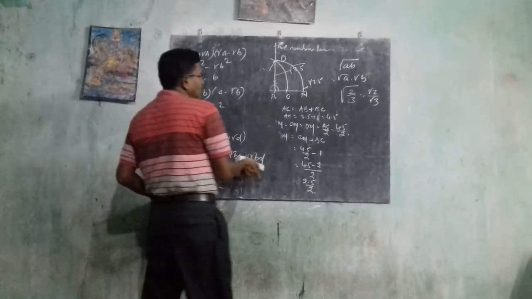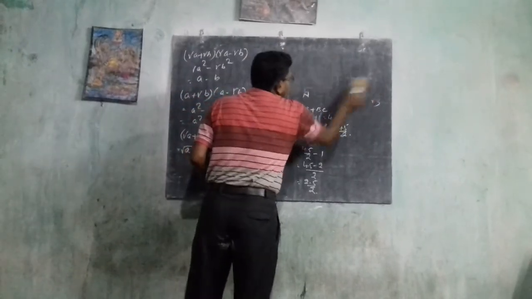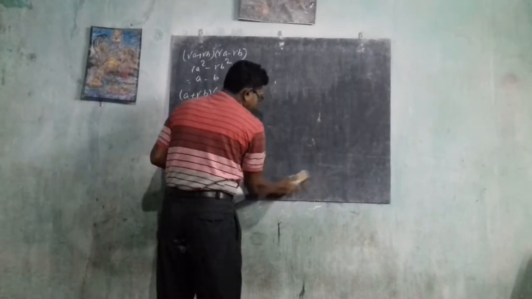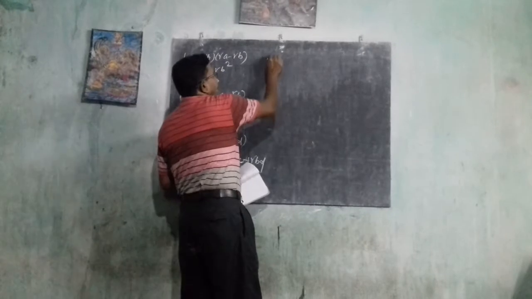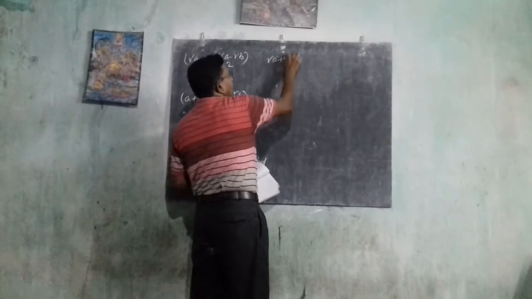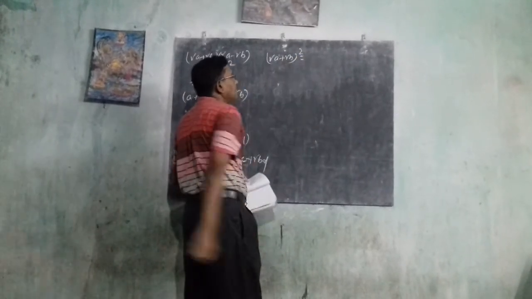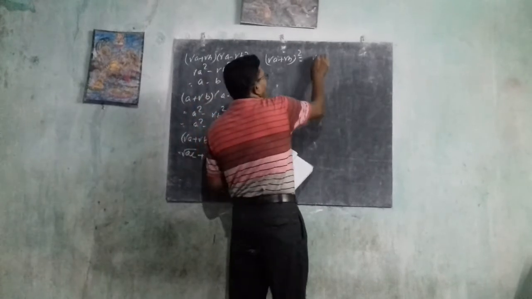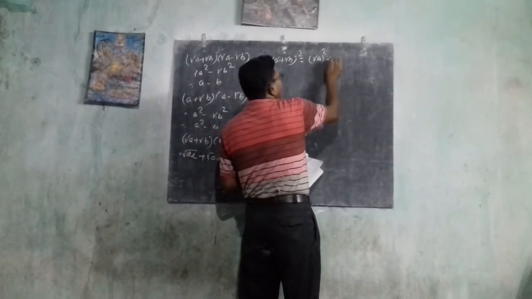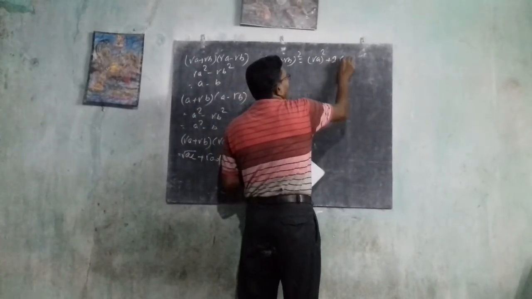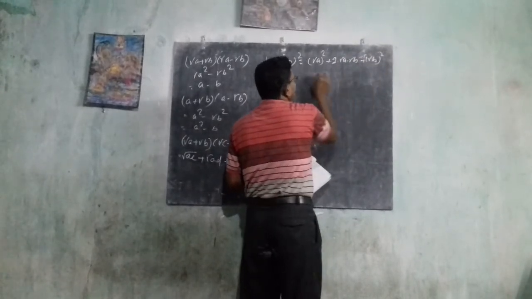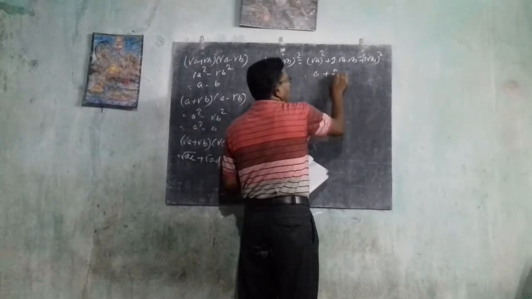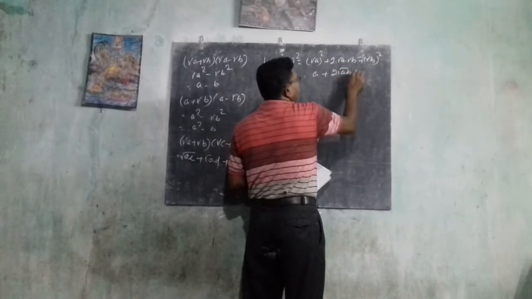Now another example: find root A plus root B whole square. This means A plus B whole square: root A square plus 2 root A root B plus root B square. This answer is A plus 2 root AB plus B.